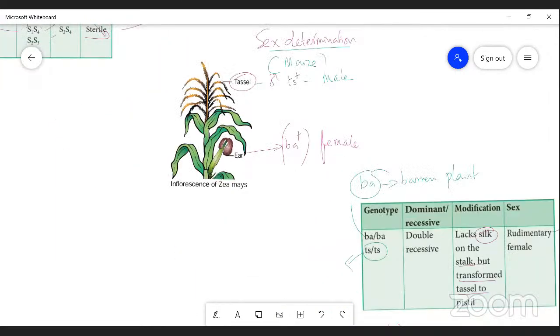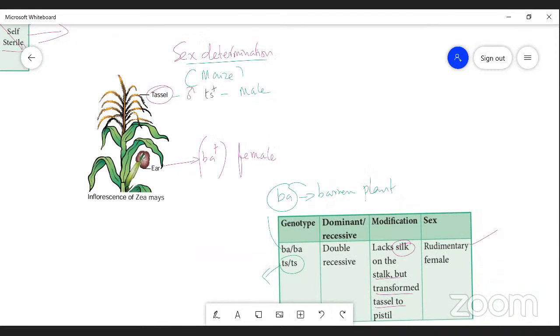And sex determination in plants, where was it first reported? Name the plant in which sex determination was reported. Maize. Very good. And students, will you mention the allelic form of the gene for maleness?